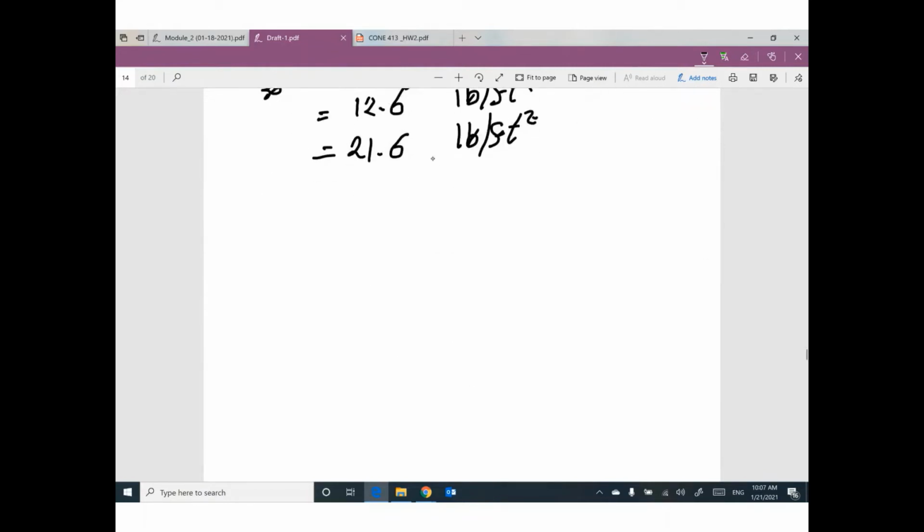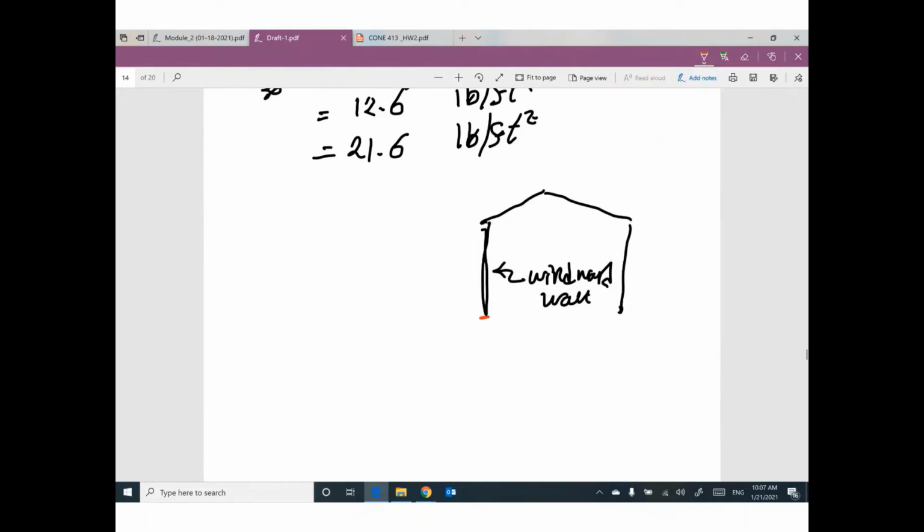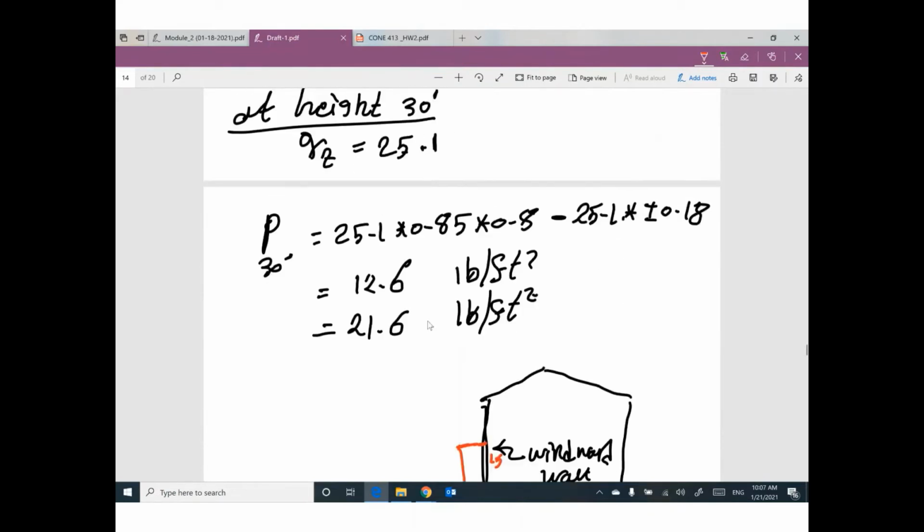So here is the windward wall of the building. From 0 to 15, we have a value of pressure. How much?